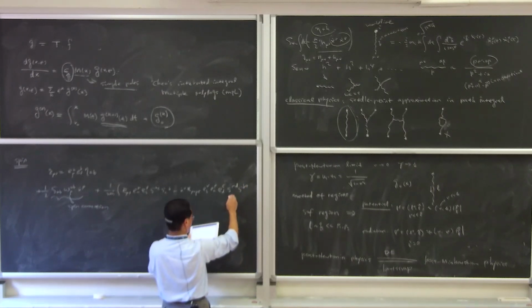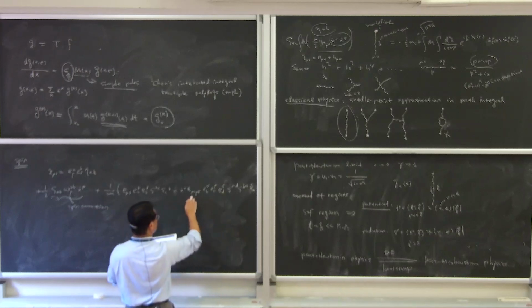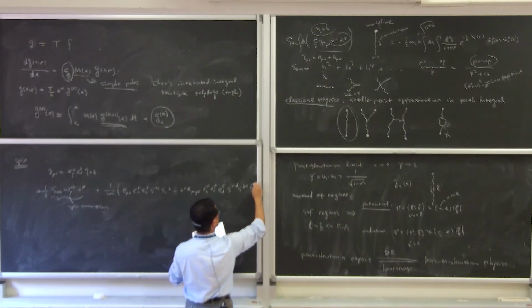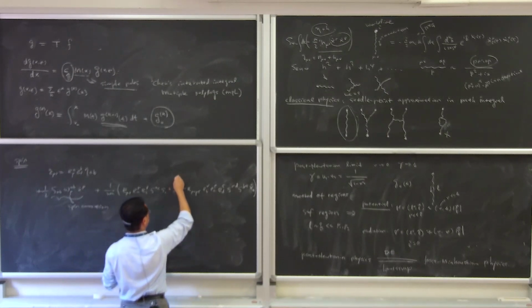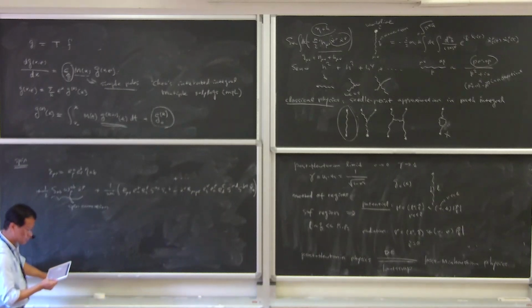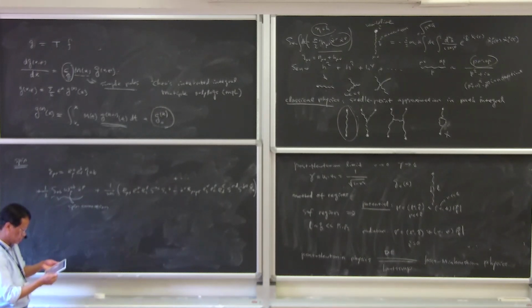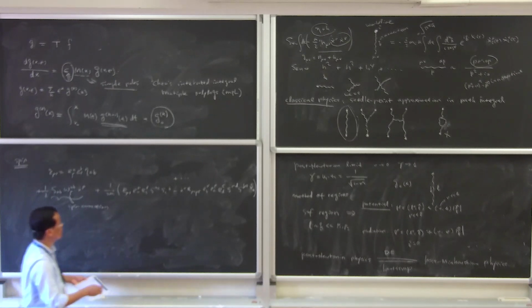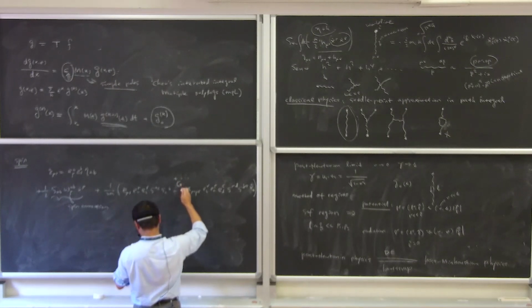So this term describes a spin square, and of course we can include more orders in spin.